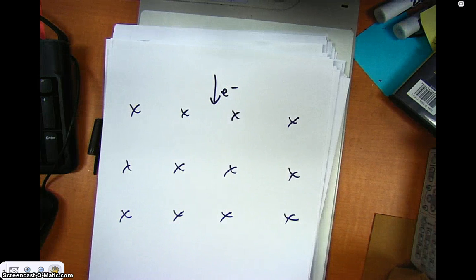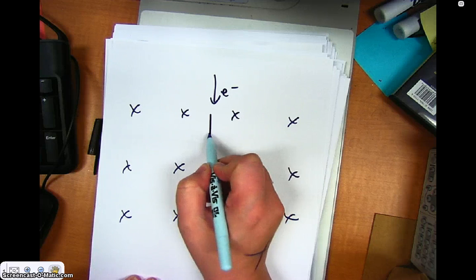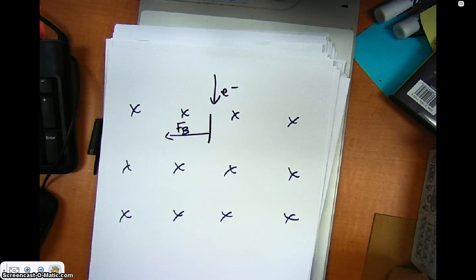So let's look at this idea of using an electric field in order to affect the motion of this particle. Let's say that instead of arcing like this, we wanted it to fly straight through. As it enters here, it's going to want to curve in this direction, so there's going to be a force to the left, a magnetic force.